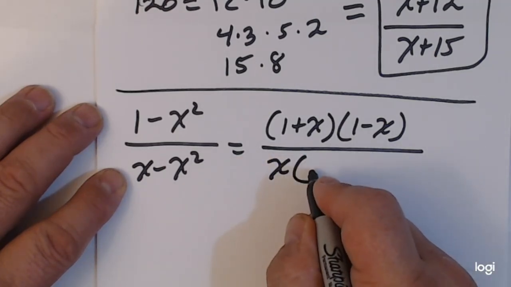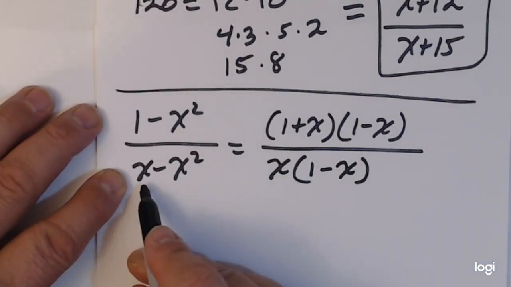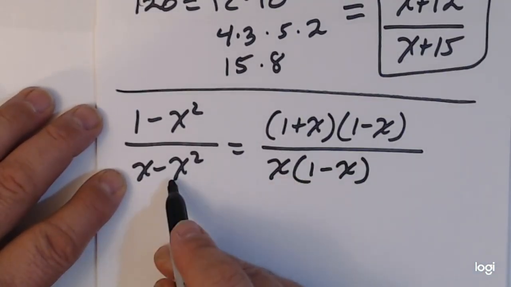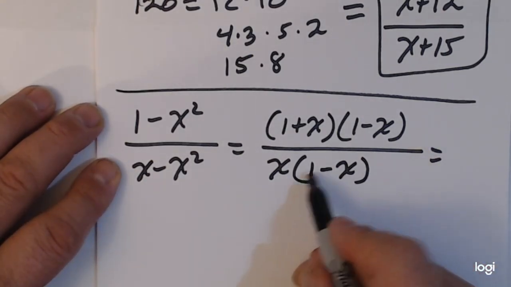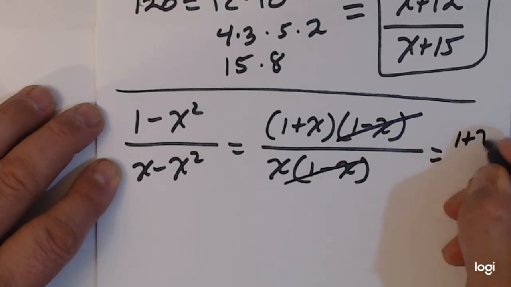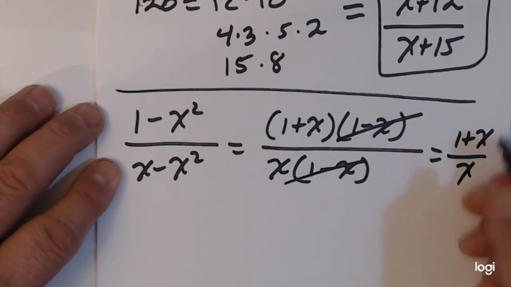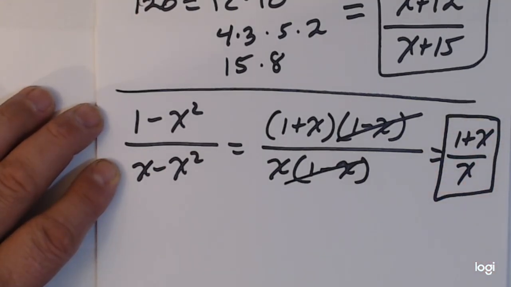So it's x times 1 minus x, right? Because x times 1 is x. X times negative x is negative x squared. So then the 1 minus x's go out. 1 plus x over x. And that's that one.